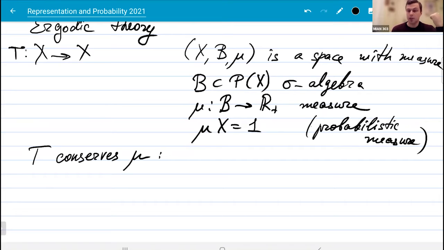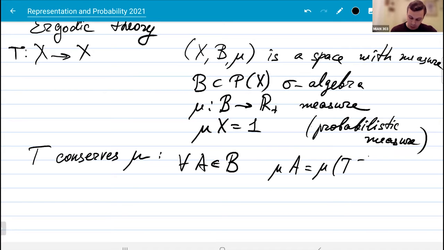The formal definition is a bit trickier. It says that for any measurable set, any set A in B, you have that mu of A equals mu of T minus 1 of A. So the key point is that we have T minus 1 here instead of T. So why is this so?